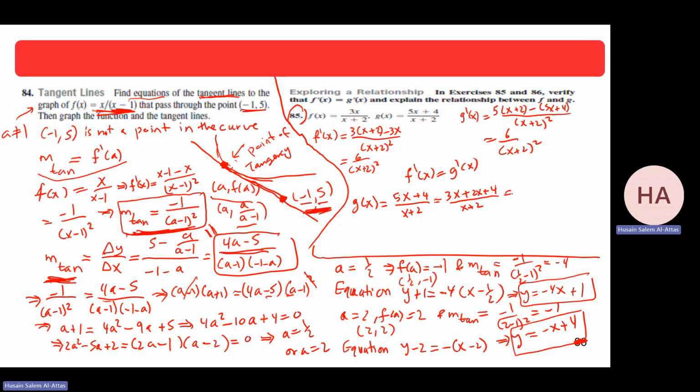Or I can write it 3x over x plus 2, to be similar to f of x, plus 2x plus 2 over x plus 2. And this is 3x over x plus 2 plus 2, since this is cancelled, since x is not equal to -2, it will not be defined. So this is f of x plus 2. That explains why g prime is equal to f prime, since the derivative of 2 is 0.